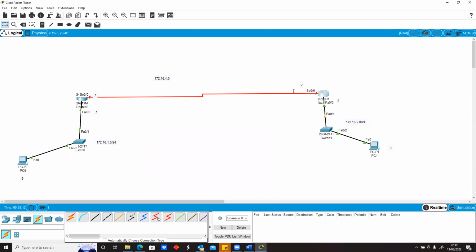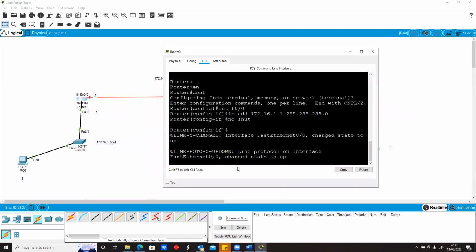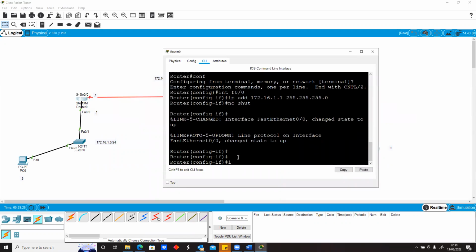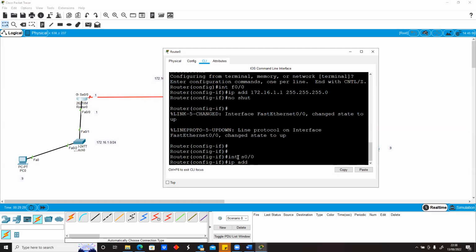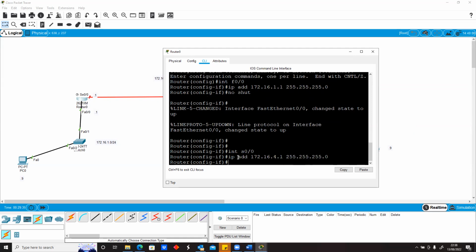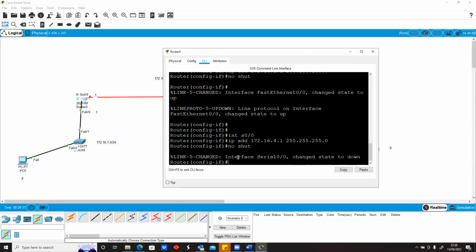So now I have to concentrate on this network. This is S0/0 on this device, and it's 172.16.4.1. So on this device again, on R1, I'll go into interface S0/0 and I say IP address 172.16.4.1, 255.255.255.0, and I'll do a no shut.